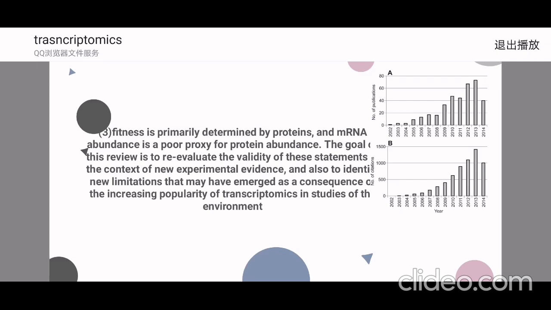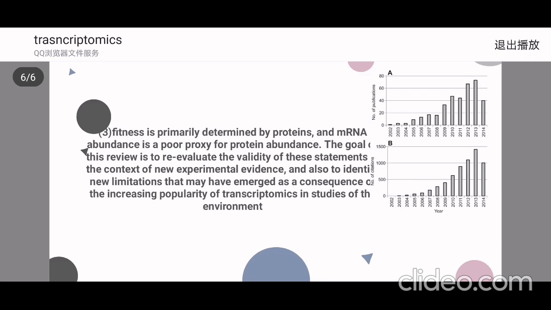mRNA abundance is a proxy for protein abundance. The goal of the review is to re-evaluate the validity of these statements in the context of new experimental evidence, and also to identify new limitations that may have emerged as a consequence of the increasing popularity of transcriptomics in studies of the environment.